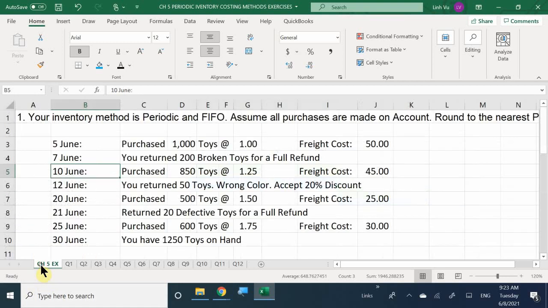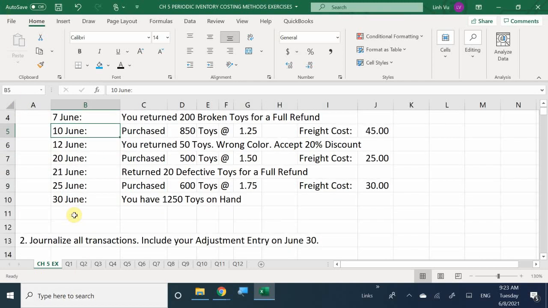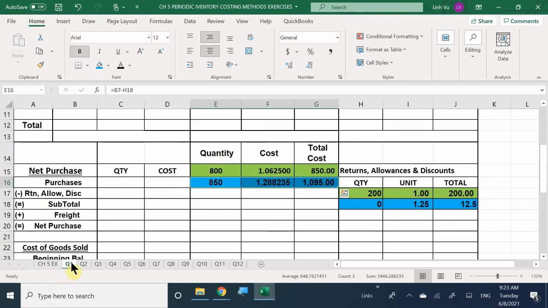Everybody okay now? All right. Let's see what happened next on June 20th. They purchased 500 toys at $1.50, which came to $725.